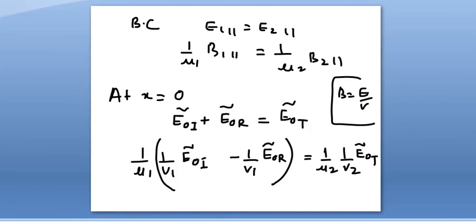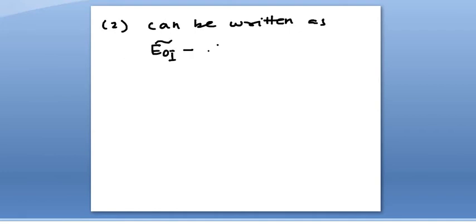Let us name this expression as 1 and this as 2. Expression 2 can be written as E0I minus E0R is equal to beta E0T.